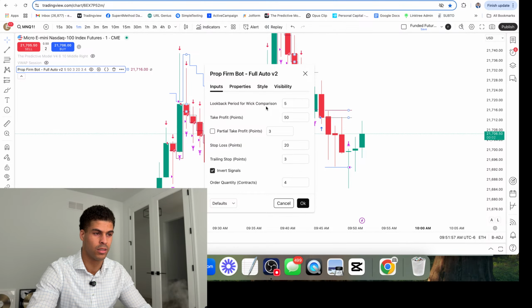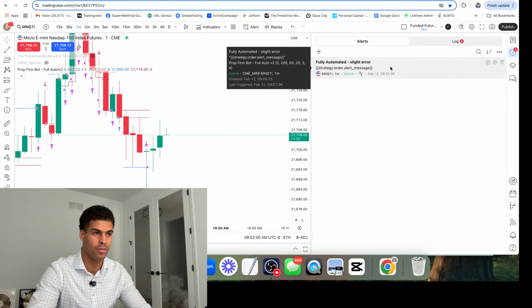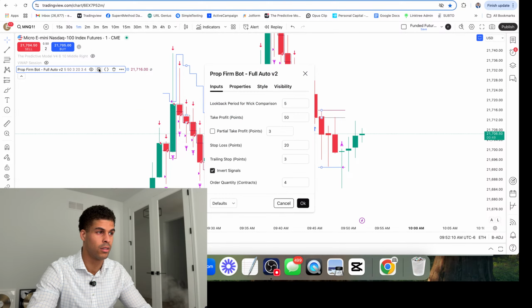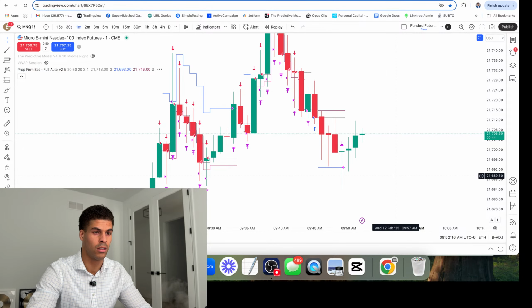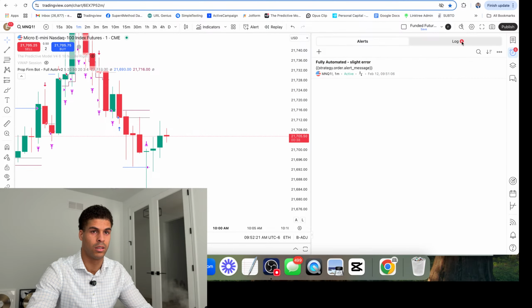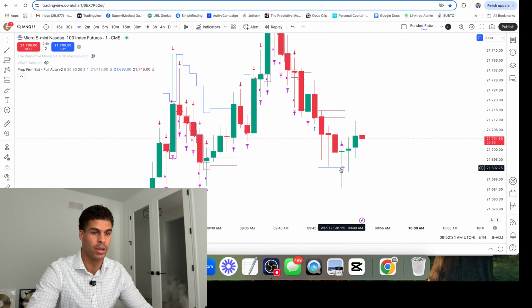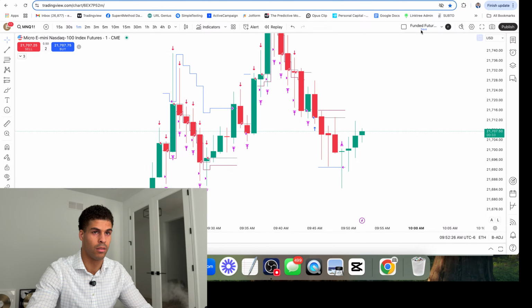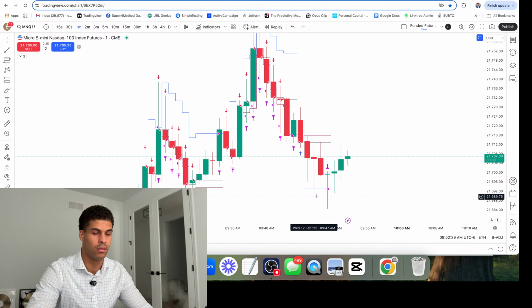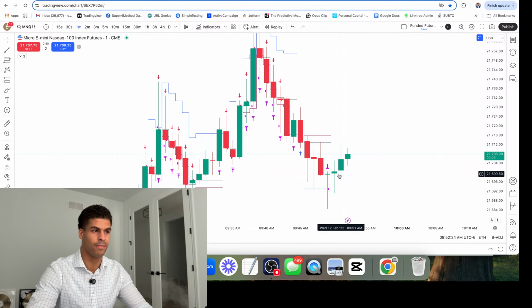Okay, no difference. 20 and 3. 200. Oh, I got it. Still no difference. Okay. So I'm not getting my arrows that I should be getting. But okay. Were we in a long trade there? Because I think that was going to turn out pretty good. Okay.